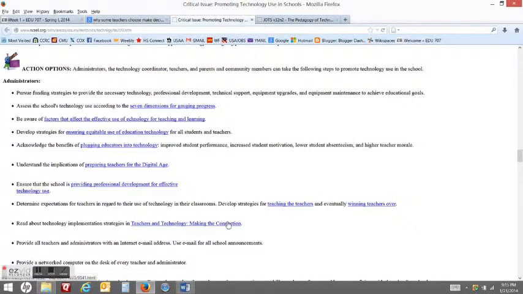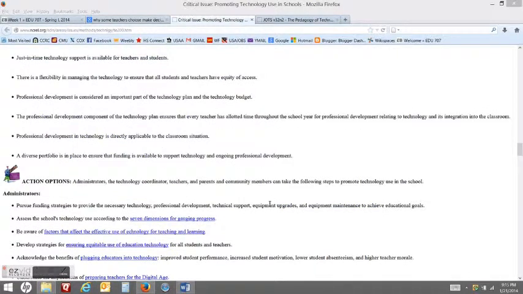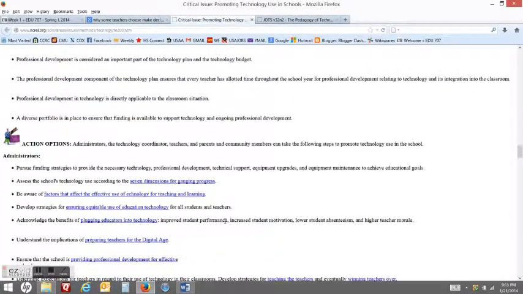Preparing teachers for the digital age. I think a lot of these teachers will look at you and say, okay, whatever. Encourage teachers' own technology integration goals as part of their individual professional development.